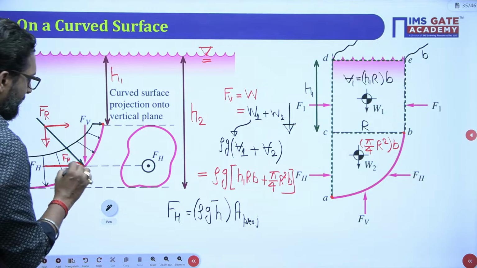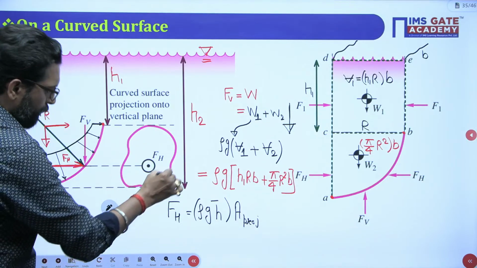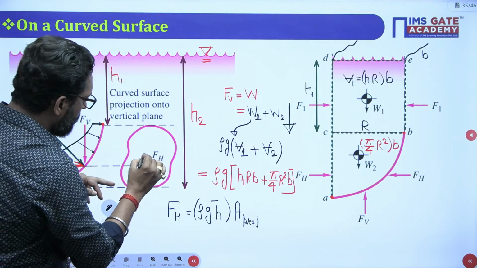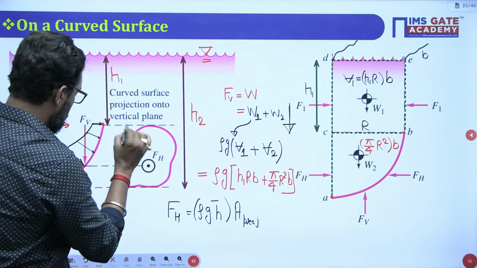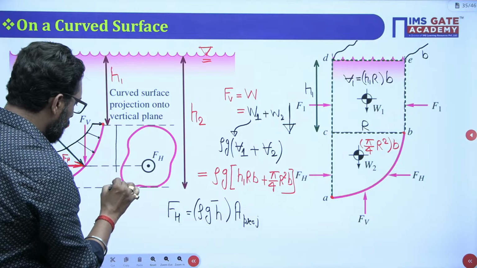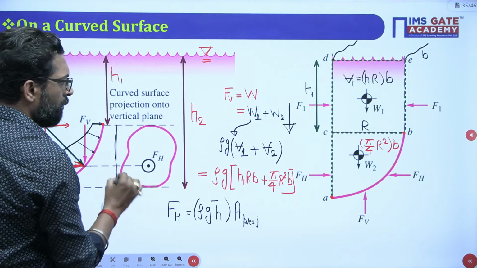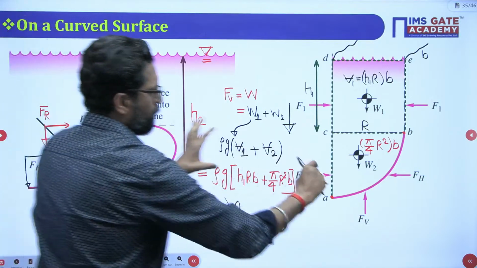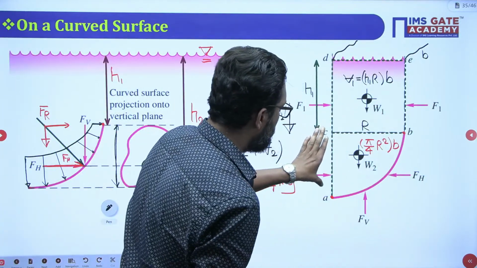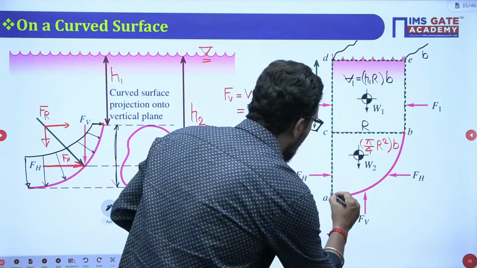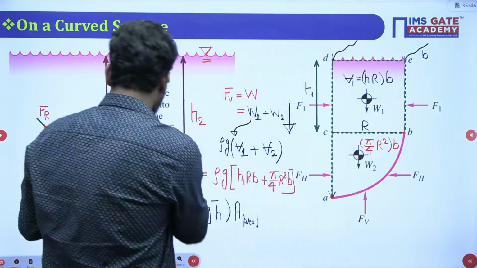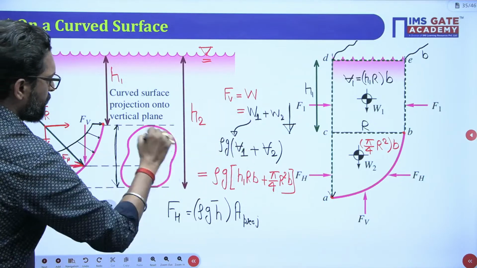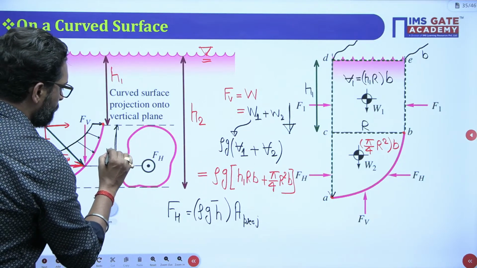Let's suppose this is your vertical projection. This vertical projection is R, the total radius.